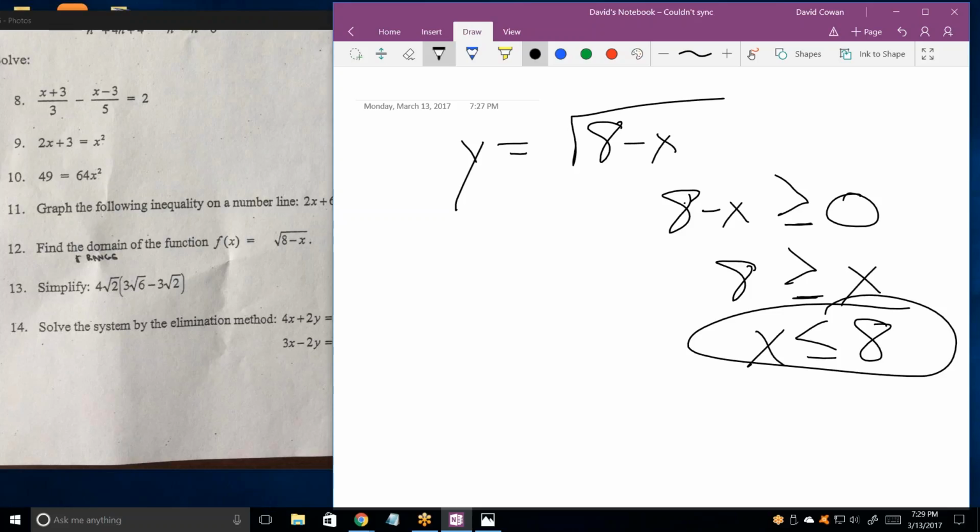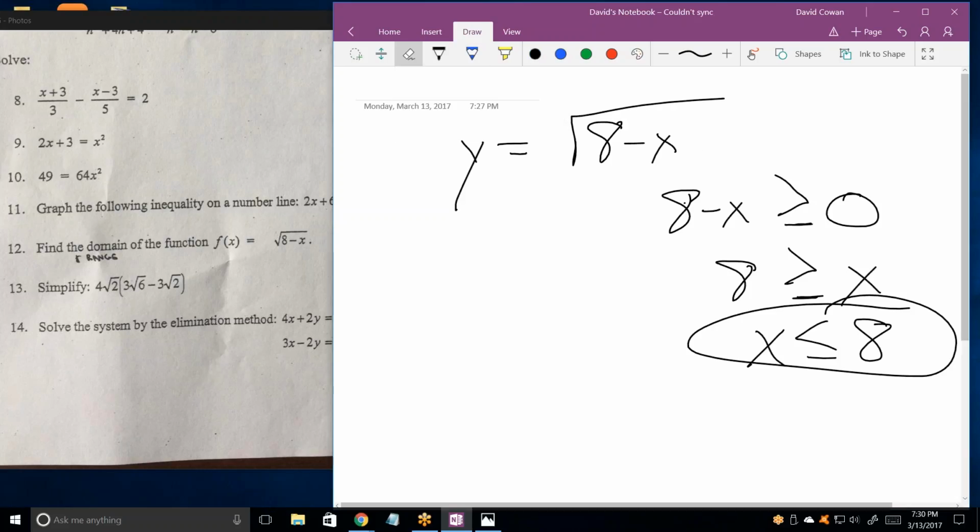No. Which would be negative infinity to 8. That's the allowable values I can use for x. In other words, I cannot use any value greater than 8. If I put in 9 or 10, I'm going to end up taking the square root of a negative number. I can't do that.